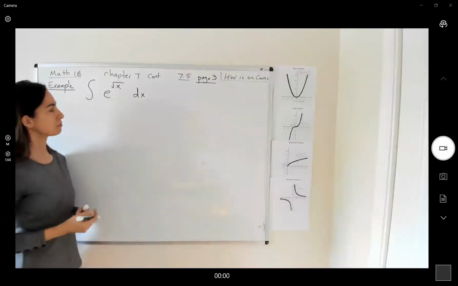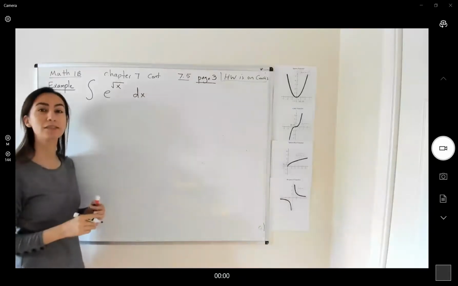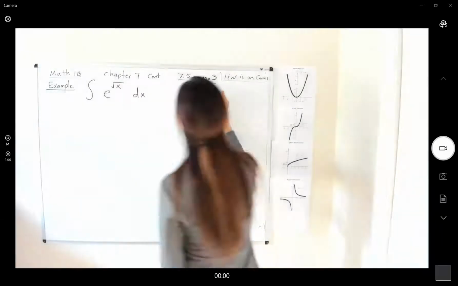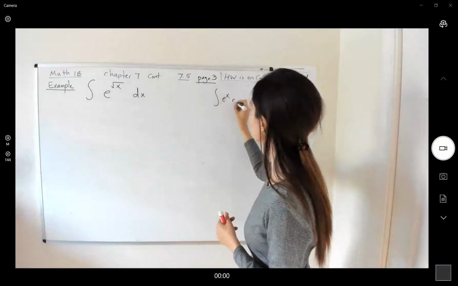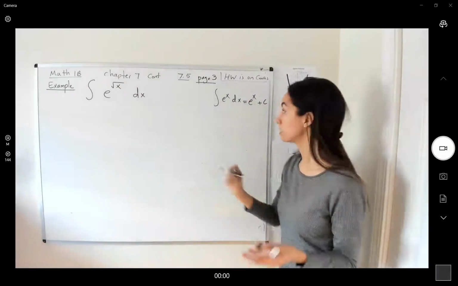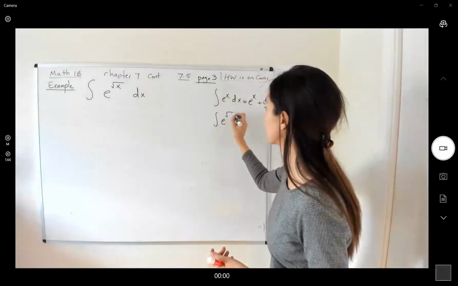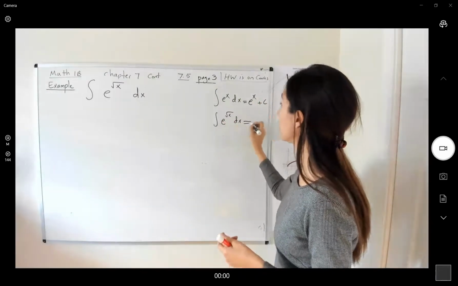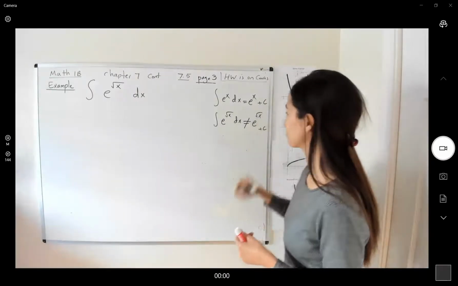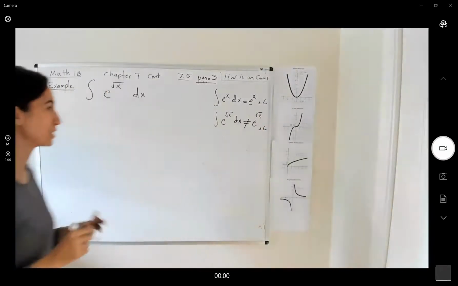Very well. I have exponent square root of x. I know that if I have the integral of e to the x dx, this is equal to e to the x plus c. Guys, integral of e to square root of x dx is not equal to e to square root of x plus c. This is wrong. Be careful.